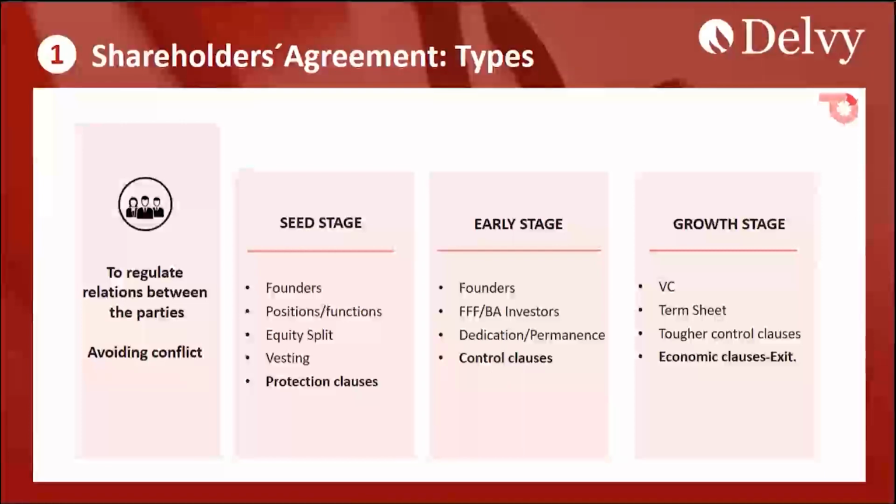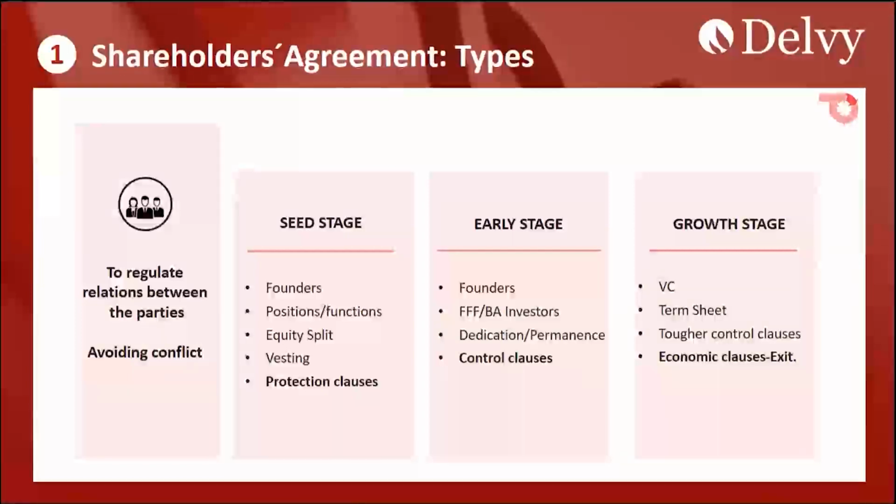Obviously, at any point when family, friends, and fools, or angel investors are investing in a company, they will also have in mind an exit process. But because it's very early in the company, it's very hard at this moment to regulate how that exit might actually occur.